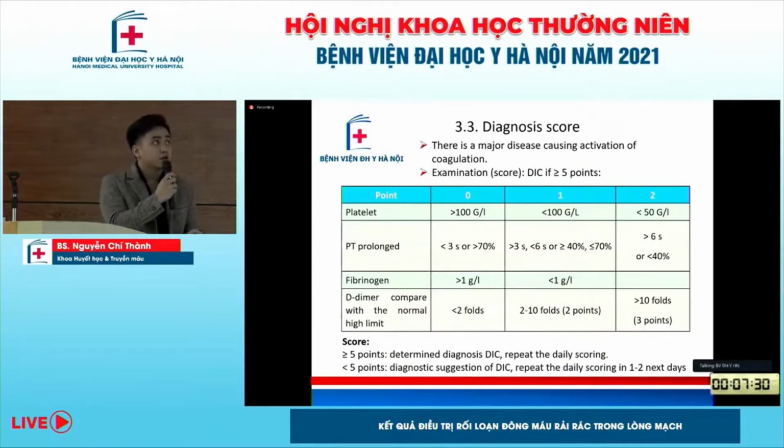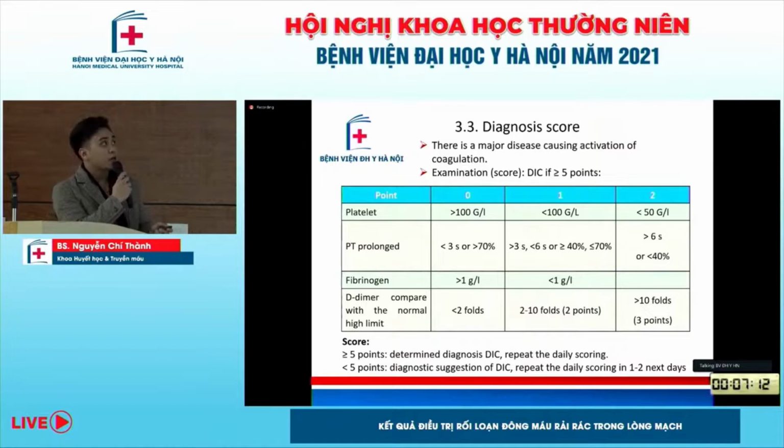To diagnose DIC, we have many scores from Japan and England, and the most common DIC score is from the International Society of Thrombosis and Hemostasis. To diagnose DIC, the patient has to have a major disease causing activation of coagulation, and the DIC score must be more than 5 points.